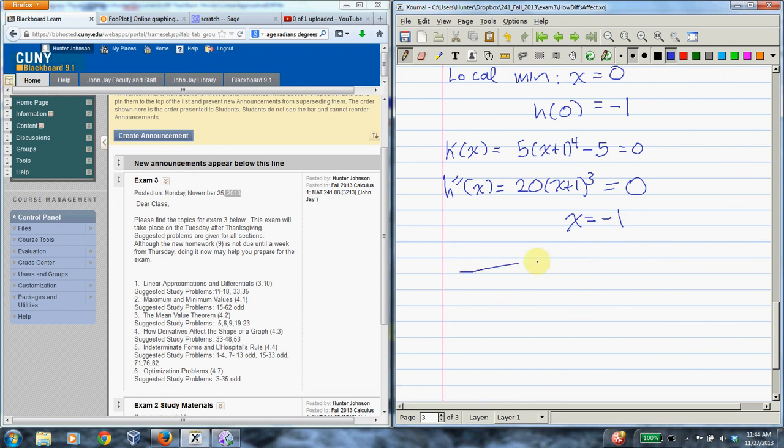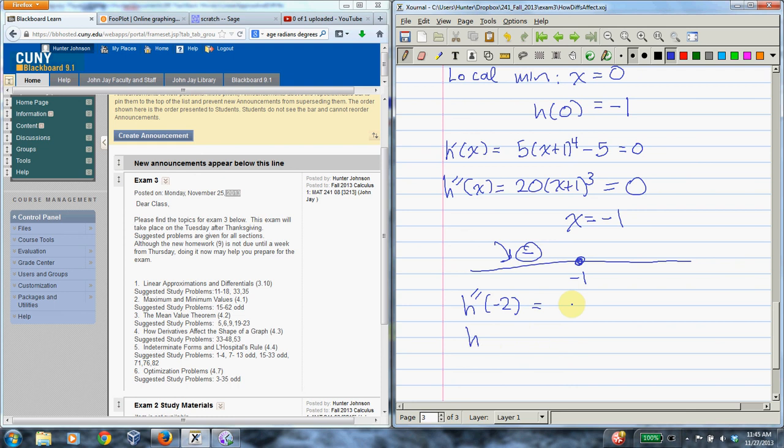Alright, so the question is, what happens to the left and to the right of -1? So we just need to test here. So a good test point there is -2. So what goes on there? That definitely makes it negative, right? So on this region, it's going to be negative.